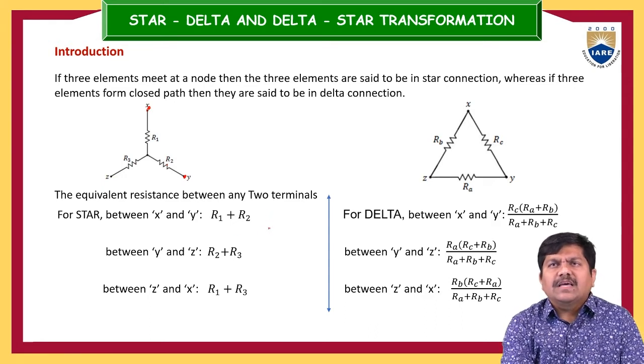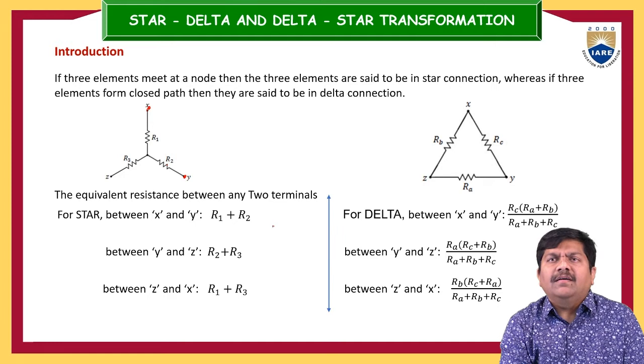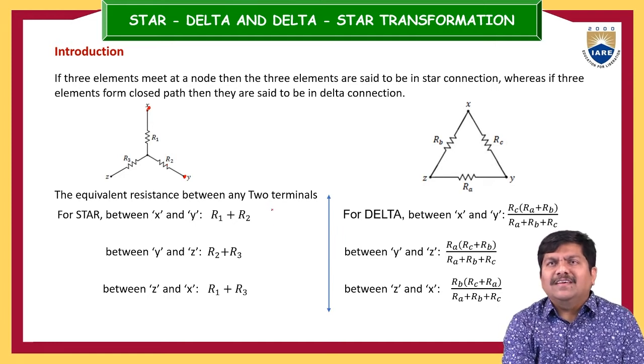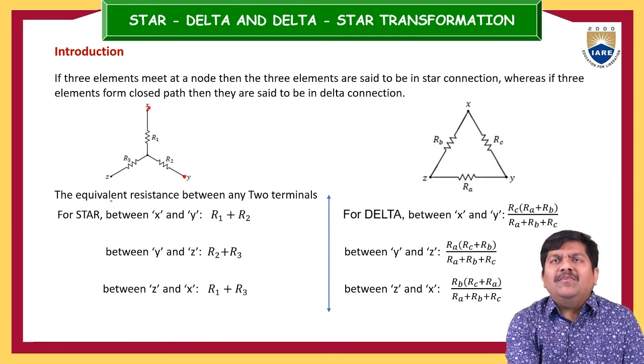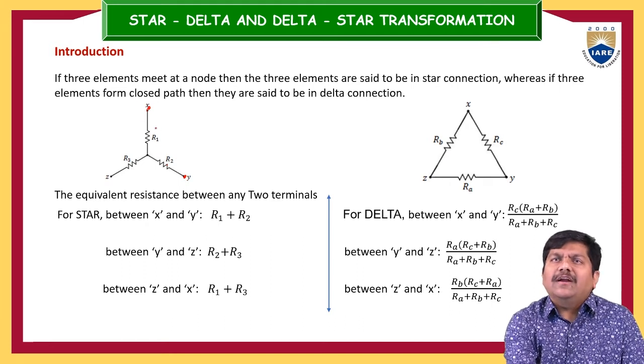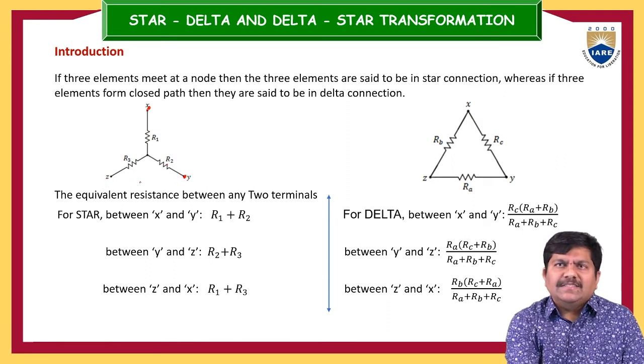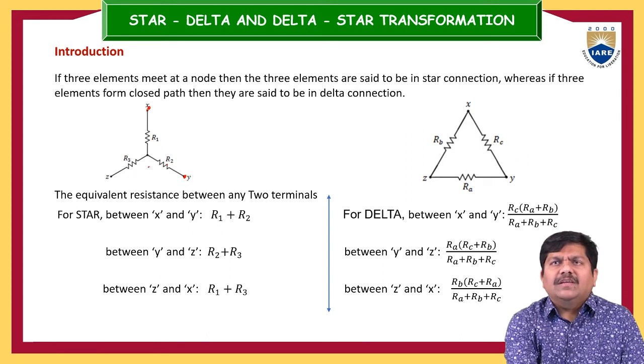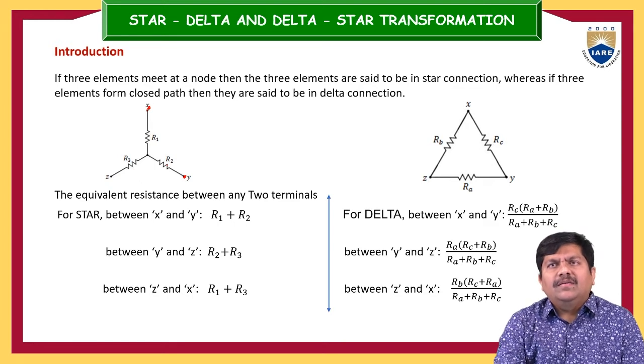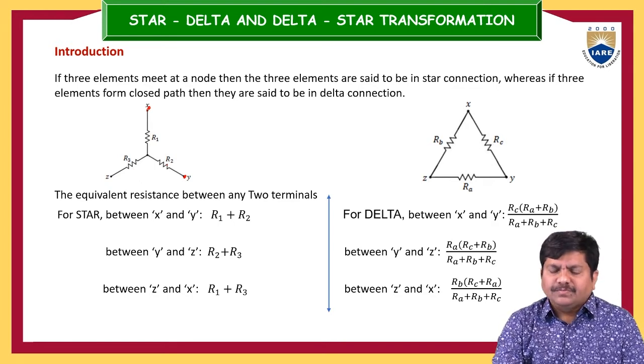Determining the equivalent resistance in this configuration is simple, because if you are working with Y and Z, then there is no current in the X branch. So only R2 and R3 will be there. So the equivalent resistance between Y and Z is R2 plus R3. The same logic holds good for the remaining equivalent resistances across any two adjacent points.